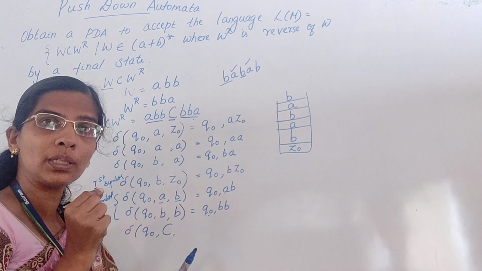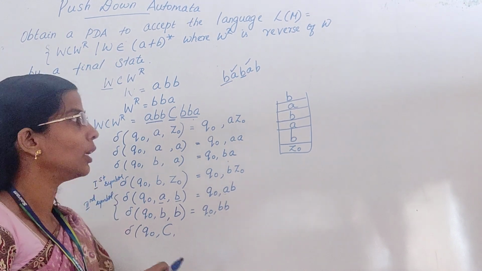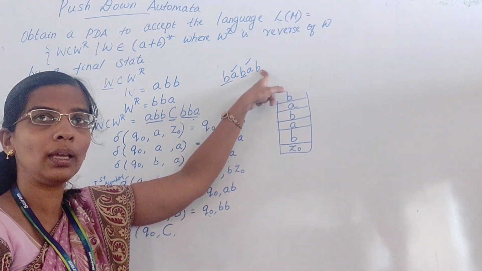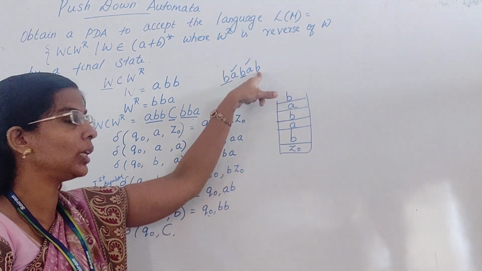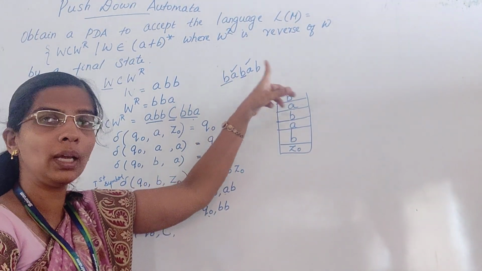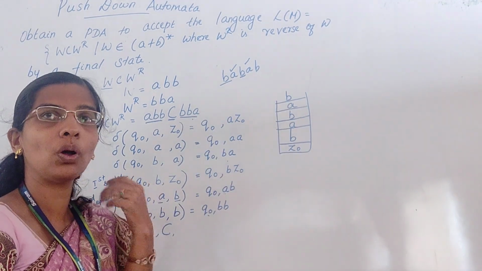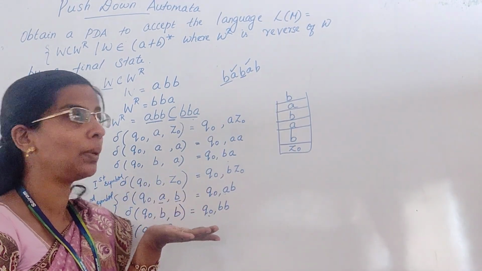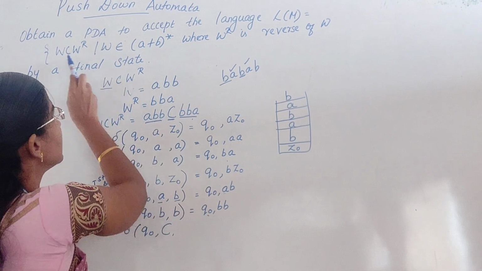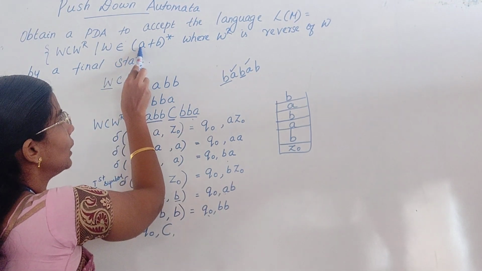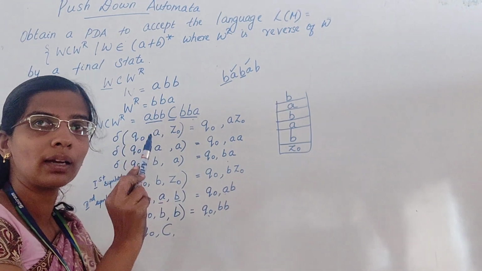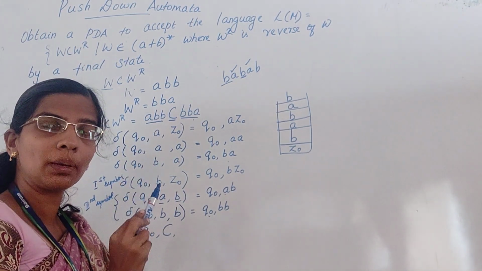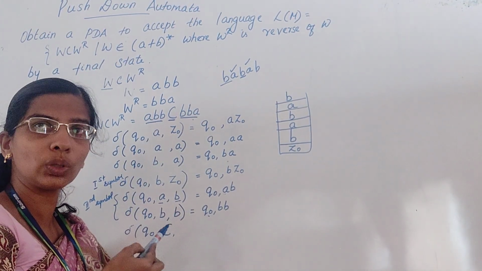Stack top depends upon your input string. If your input string ends with A, stack top will be A. If your input string ends with B, my stack top will be B. Or my input string can be empty. Why can it be empty? See this, A or B for any number of times, I have a star. So even if my stack is empty, that is also correct.